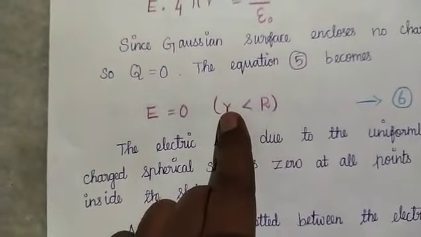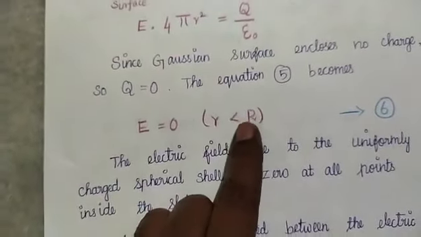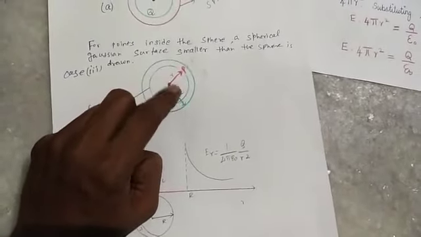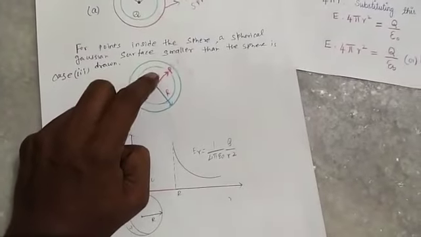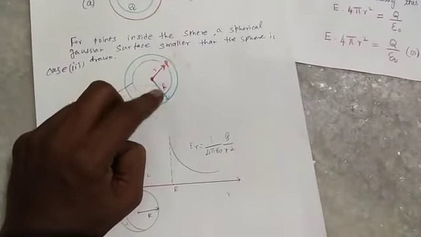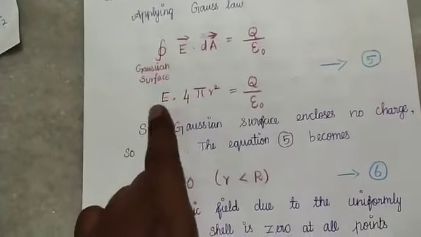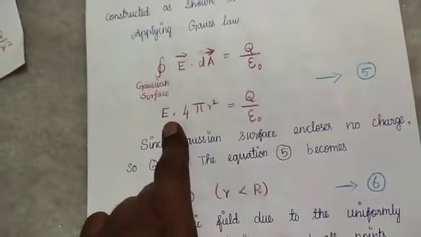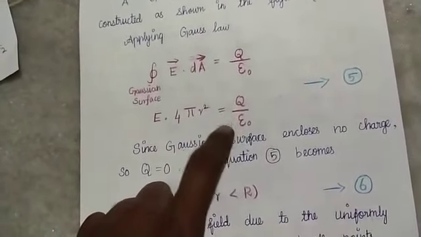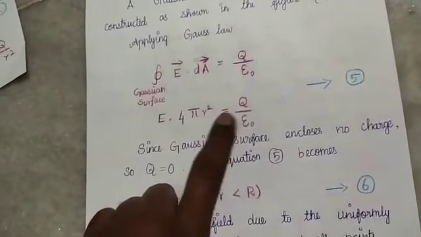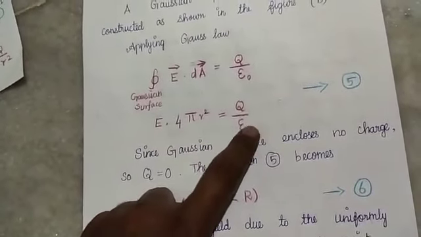Here small r is less than capital R. So finally E into 4 pi r square equals q by epsilon naught, and E equals q by 4 pi epsilon naught r square.